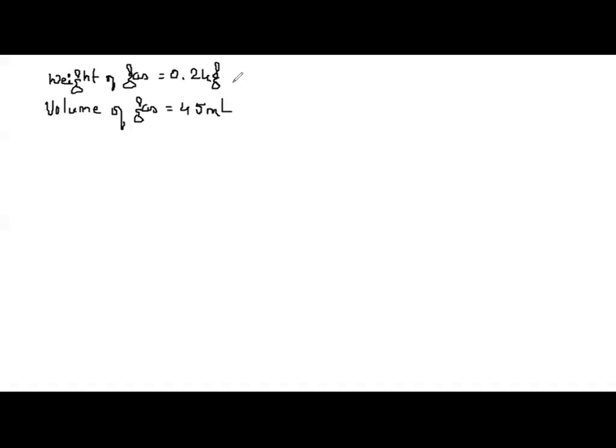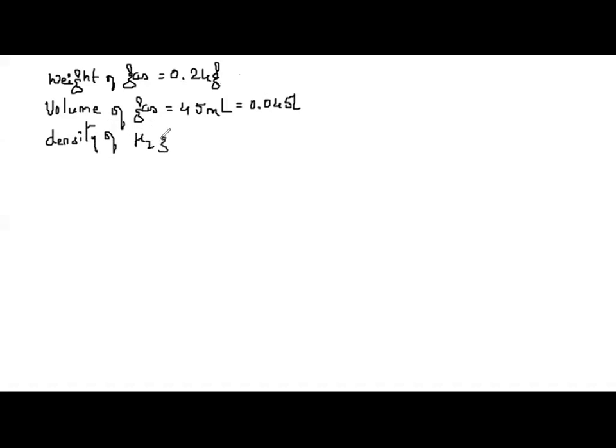What will be the vapor density of the substance? See, they have given density of hydrogen in grams per liter. So 45 milliliters, I have to convert it to liters. Divided by 1000, it comes out to 0.045 liters.